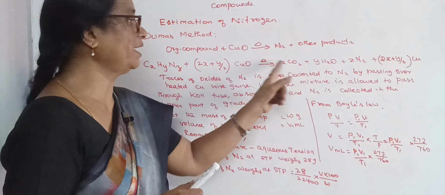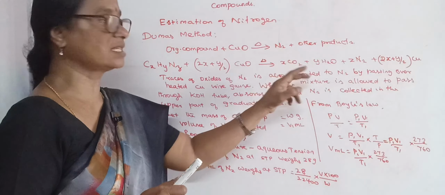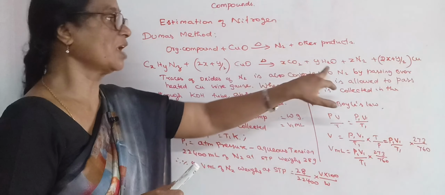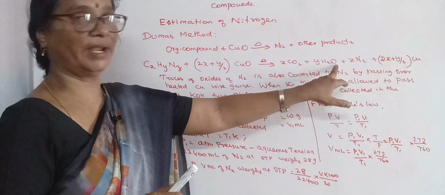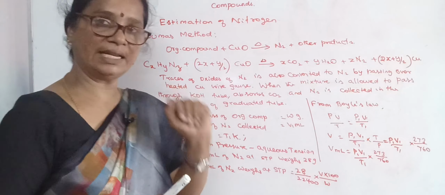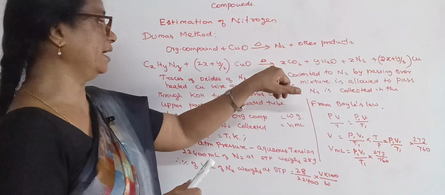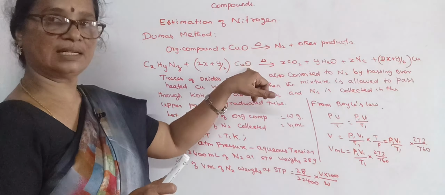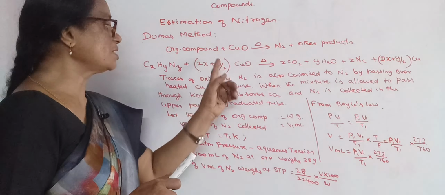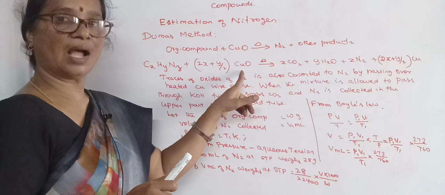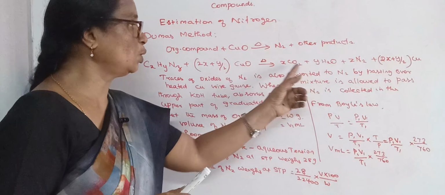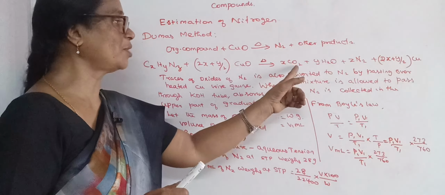So, how many times do I have oxygen in carbon dioxide? 2 into X times, and in water I have only Y times. But oxygen is a diatomic element. So, I can write that copper 2 oxide contains 2X plus Y by 2 of copper, and the oxygen is 2X times of oxygen from carbon dioxide.